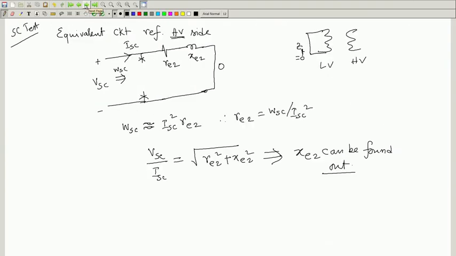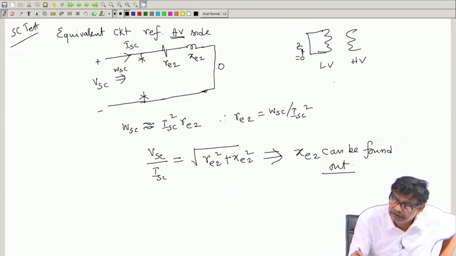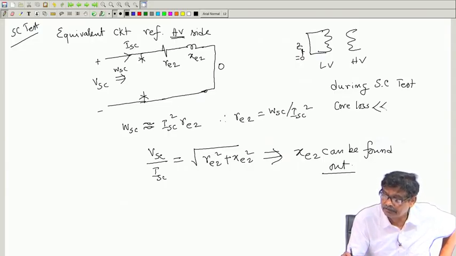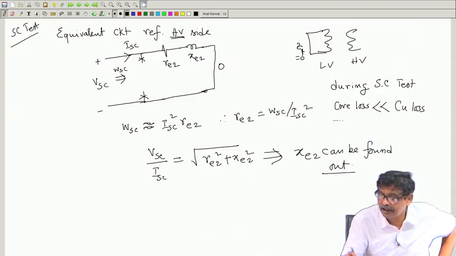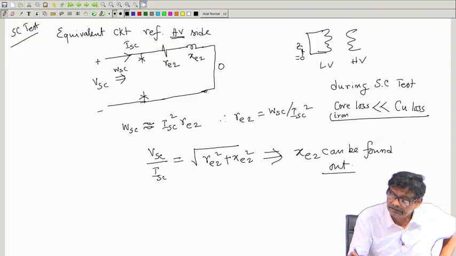In this case, the wattmeter reading approximately records the copper loss. Core loss can be neglected during the SC test. Core loss, it takes place, no doubt, but is much smaller than copper loss. Iron loss, sometimes core loss is also called iron loss, whatever, it is much smaller.